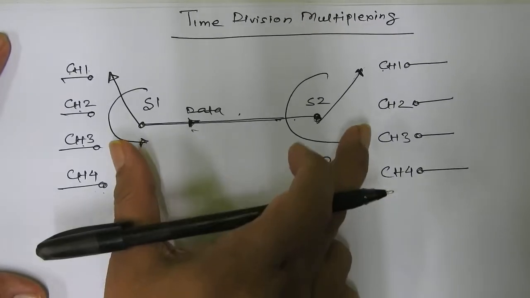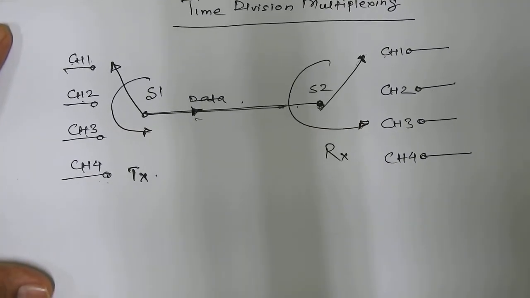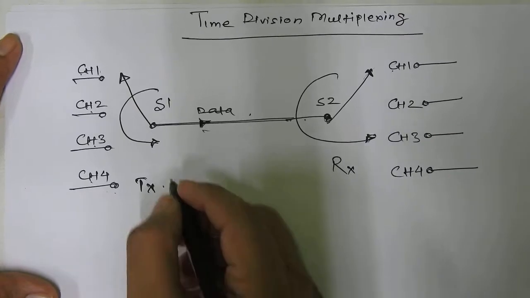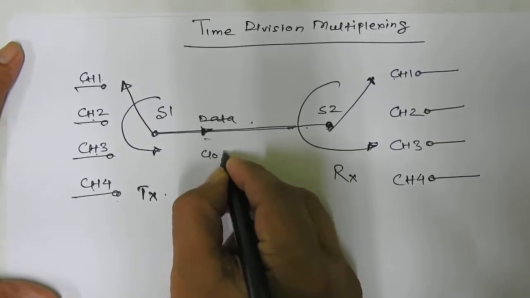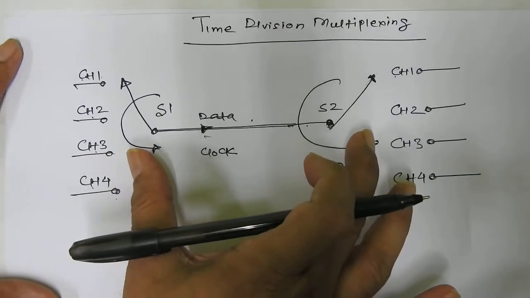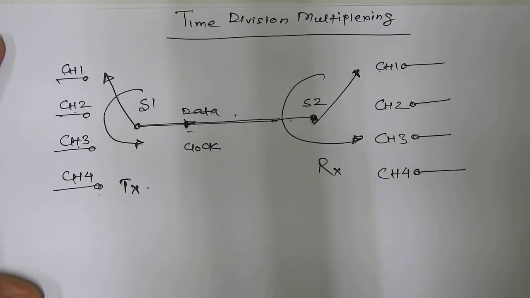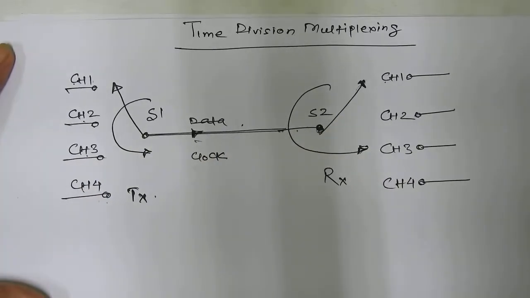The rotating speed of S1 and S2 should be the same. In terms of electronics, that is nothing but the clock. So another important signal required between S1 and S2 for 100% communication is the clock. The clock of S1 and S2 should be the same.